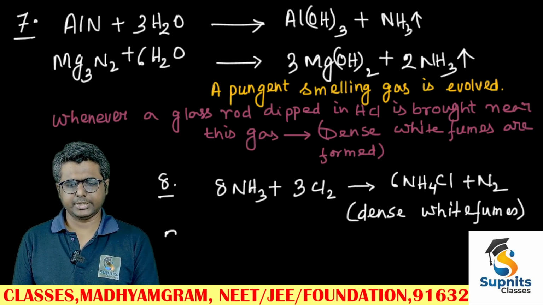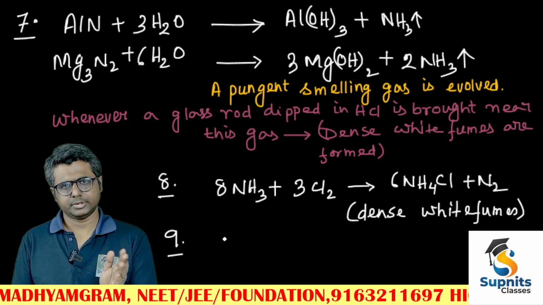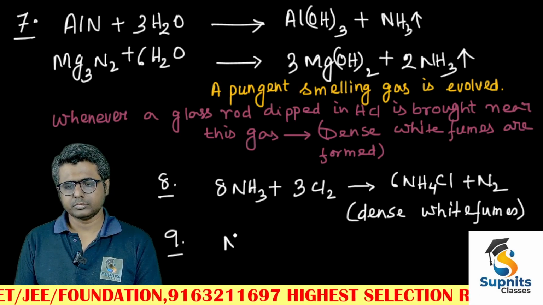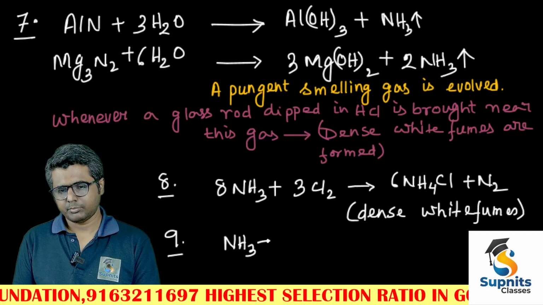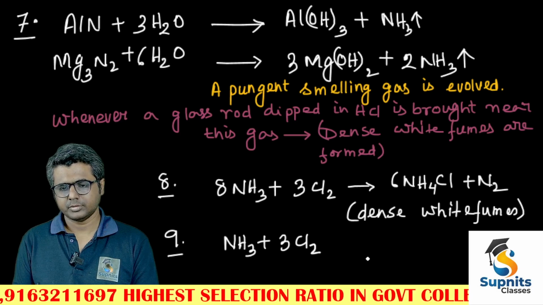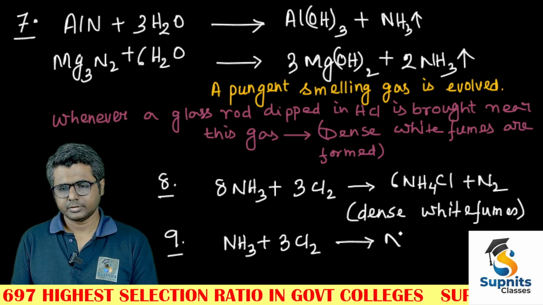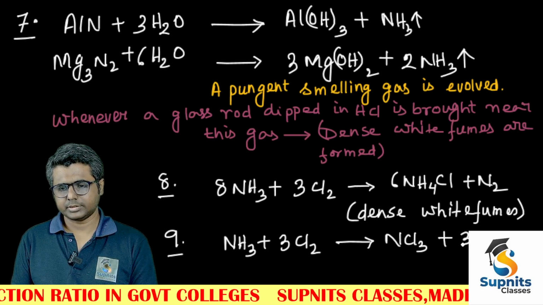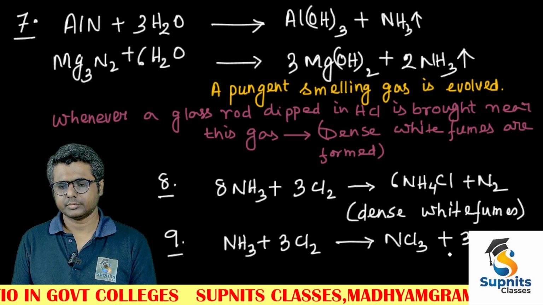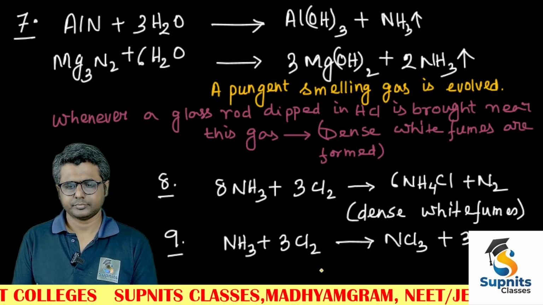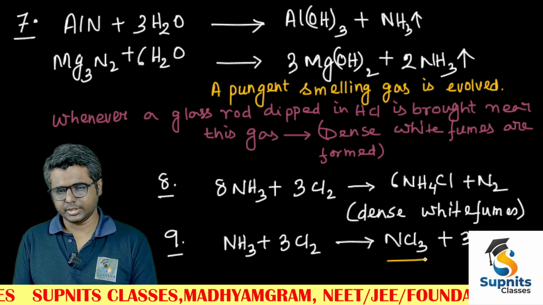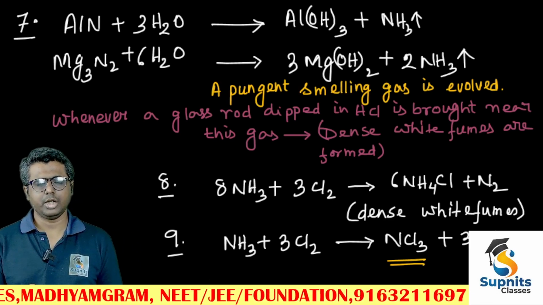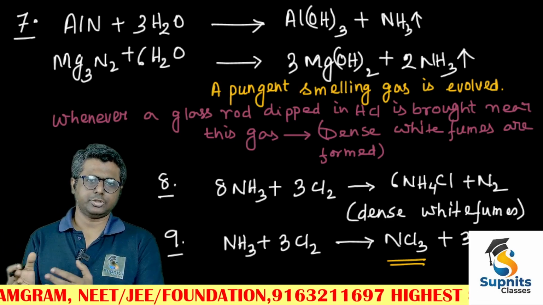Our next reaction is number 9, same reaction, but in this case it will be excess Cl2. So, NH3 plus 3 Cl2 will give NCl3 plus 3 HCl. Here this is a liquid actually. So, this liquid is yellow and explosive. This is nitrogen trichloride.